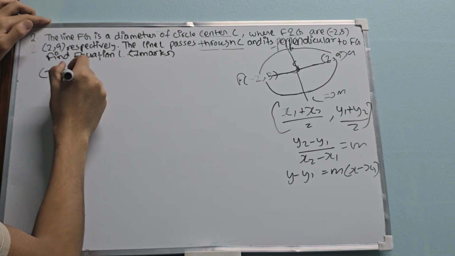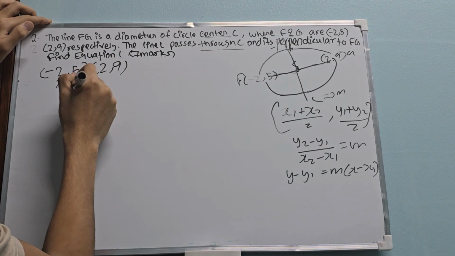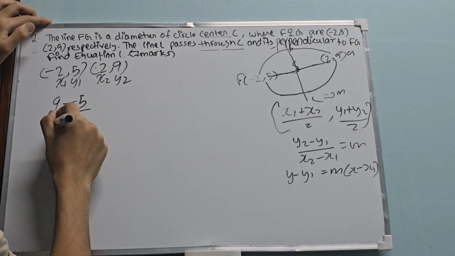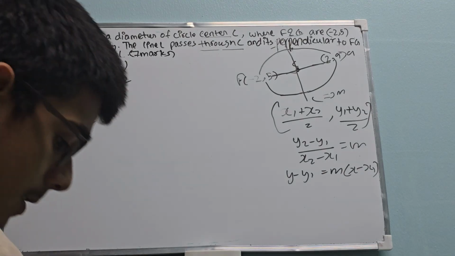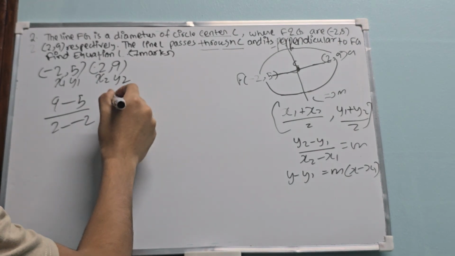First, I'm going to find the gradient of this line. With (-2, 5) as x1, y1 and (2, 9) as x2, y2, it is 9 minus 5 over 2 minus (-2), which is 4 over 4, just going to be 1.